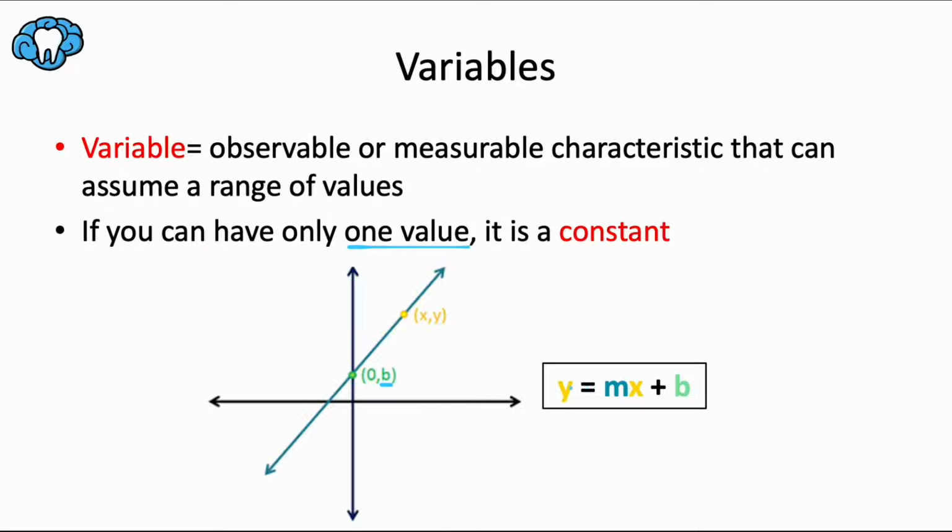Now the yellow-colored xy coordinate that's located on the line consists of 2 variables that can change depending on where you are on the line. Of course, this is one possibility, but this point could be anywhere along this infinite line. So in a research context, if this line is the truth, then the x and the y values are what we're trying to figure out when we investigate a research question.